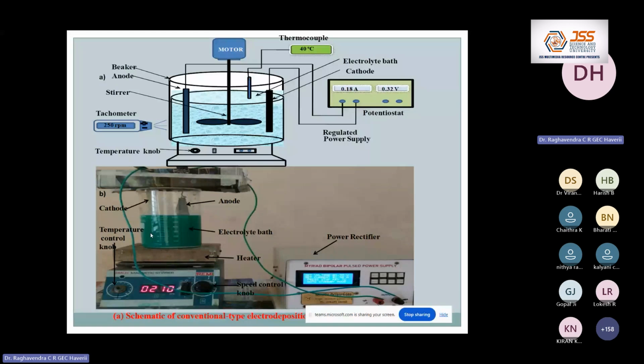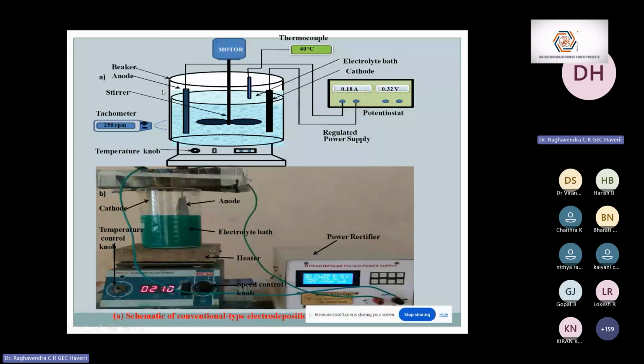For example, if you're coating nickel, NiSO4, nickel sulfate, nickel chloride and boric acid, along with DM water in proper ratio, have been mixed, and the nickel will be used as an anode, and the cathode is going to be the substrate material.